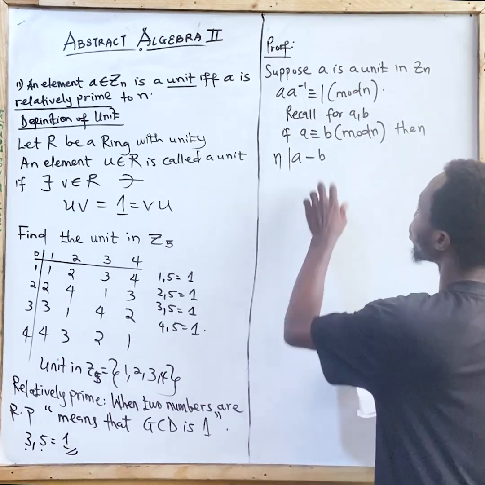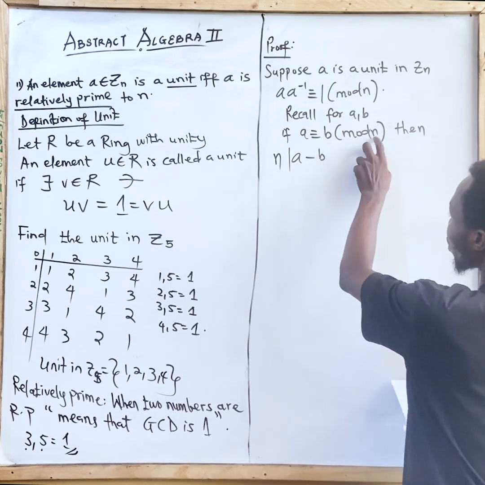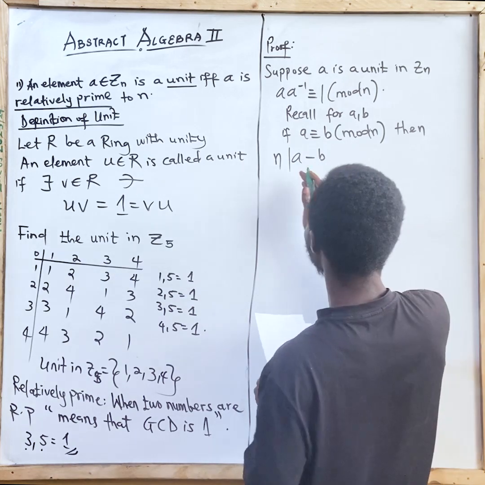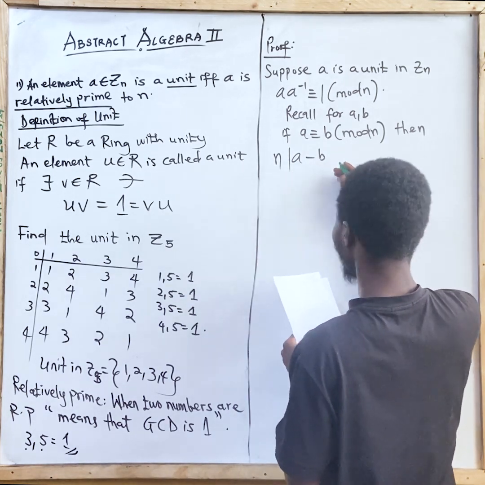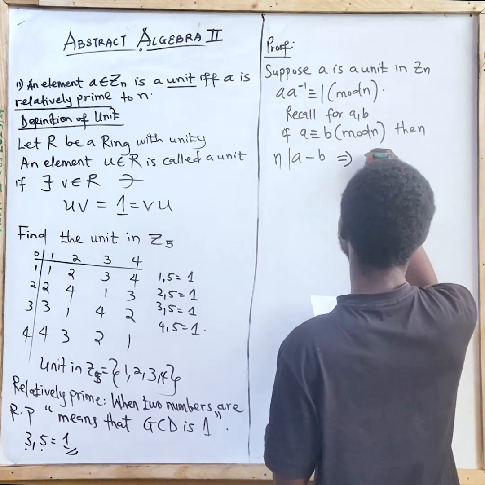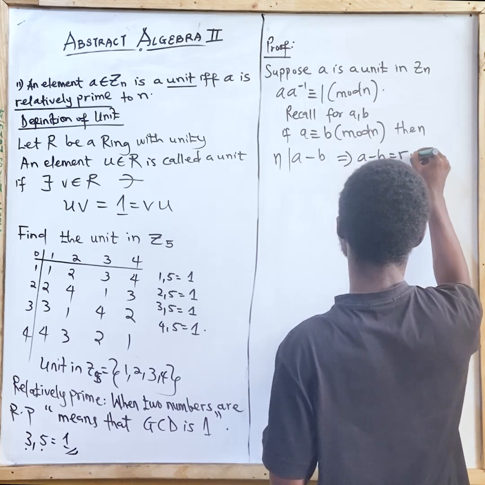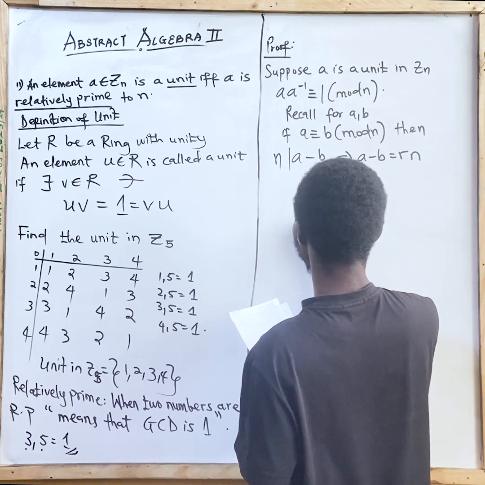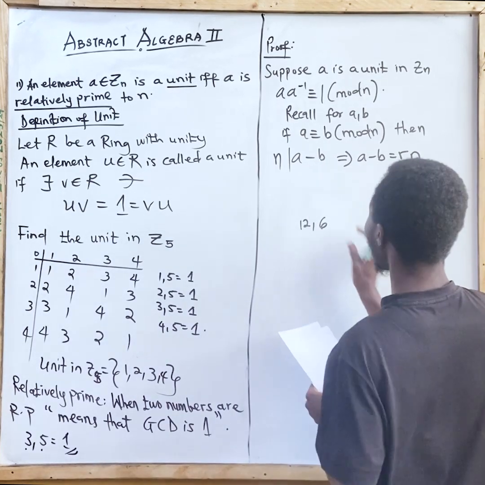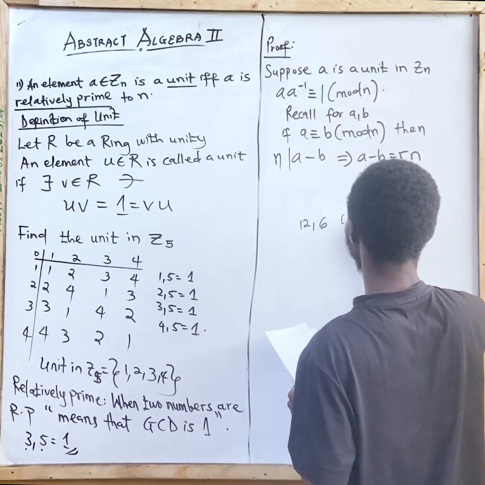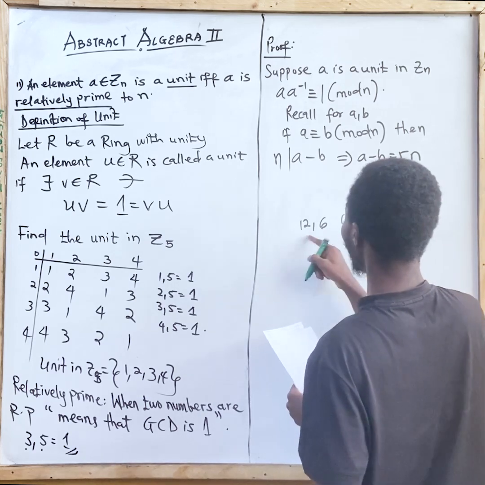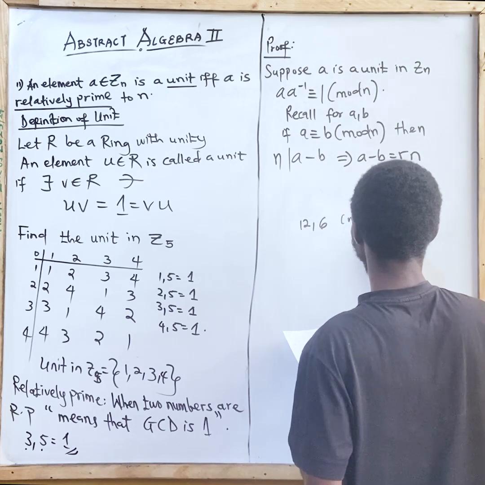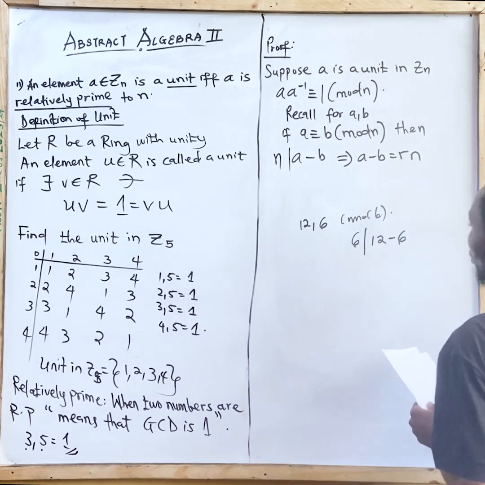So when you see that two numbers are congruent in a particular modulo, then this will exist: n divides A minus B, and this implies that A minus B equals R times n. So for the example I gave, 12 and 6, mod 6, we saw that these two are congruent in this particular modulo. So that means that 6 divides 12 minus 6.